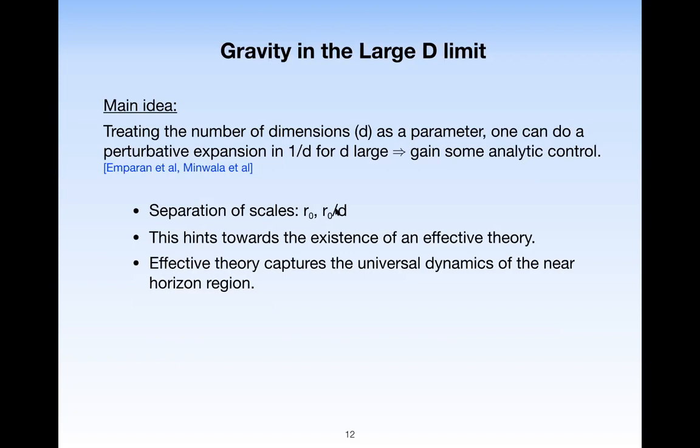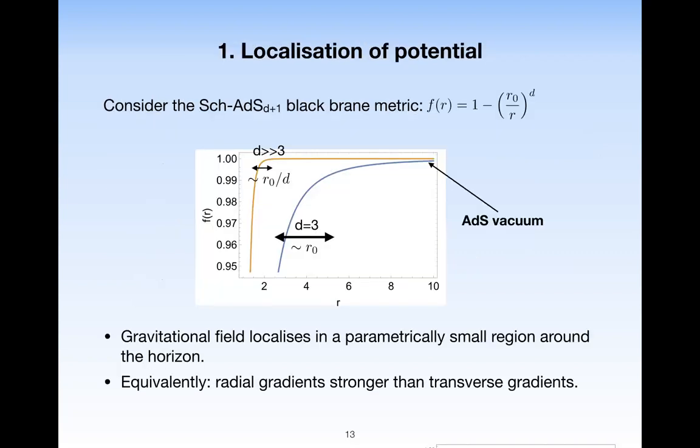And whenever there is such a separation of scales, this hints towards the existence of an effective theory. And in fact, this effective theory captures the universal dynamics close to the horizon. Okay, so this is the main idea, but let me now give you the 2 arguments that I promised.